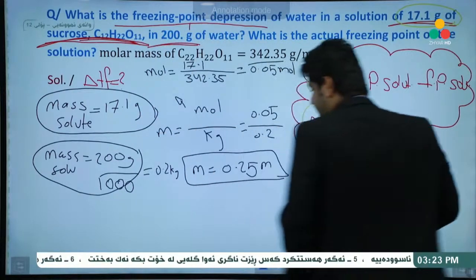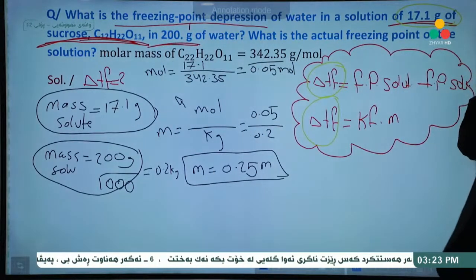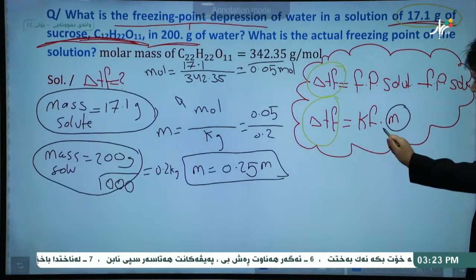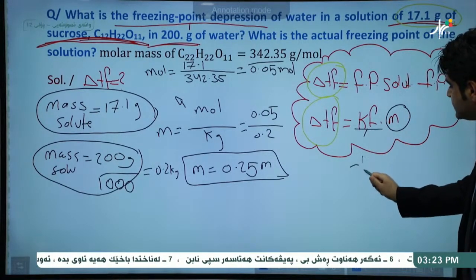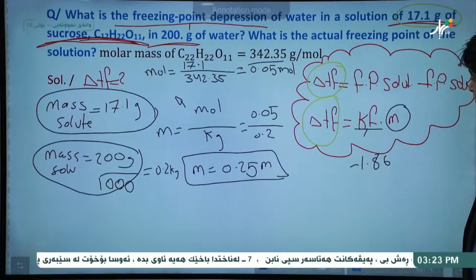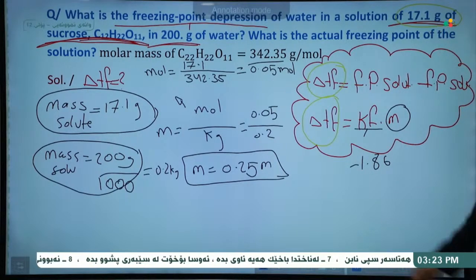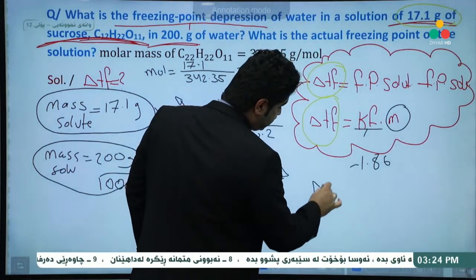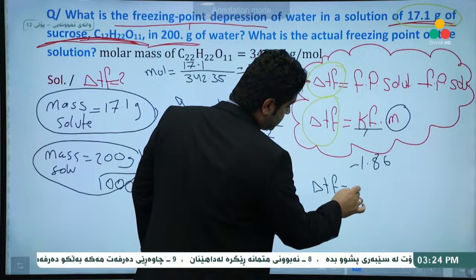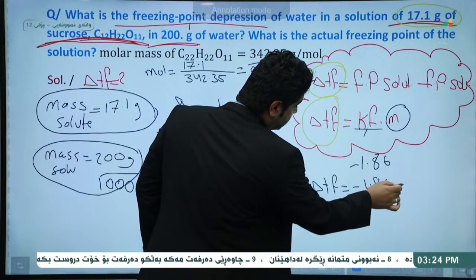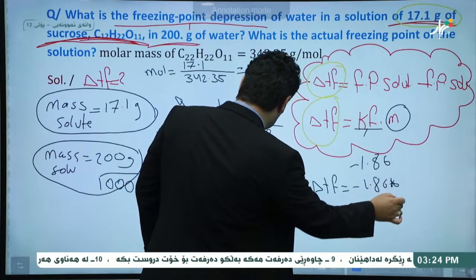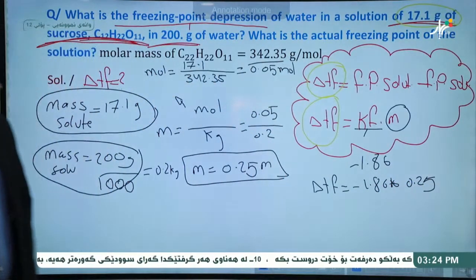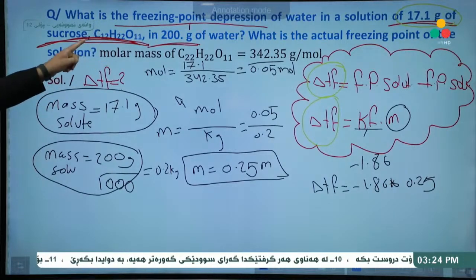How can we find the value of the freezing point depression? We have the molality and we know the Kf value is equal to minus 1.86. So we can find delta Tf immediately by this equation. Delta Tf, which is the freezing point depression, is equal to minus 1.86 times the molality, 0.25.